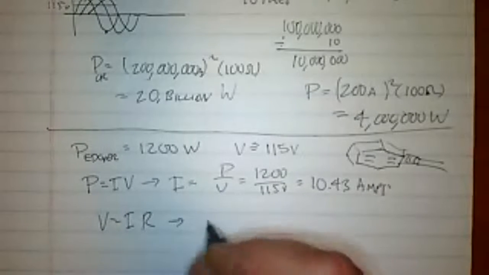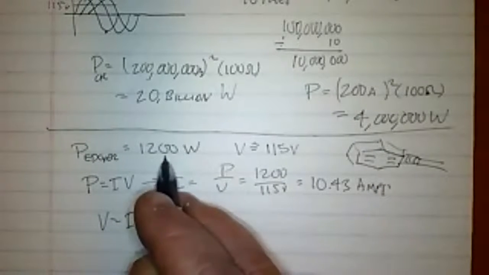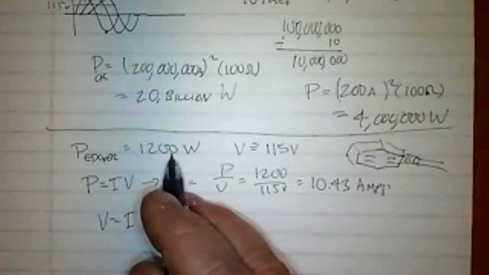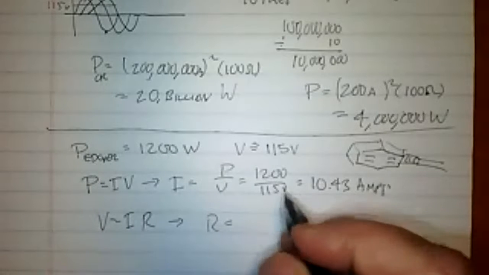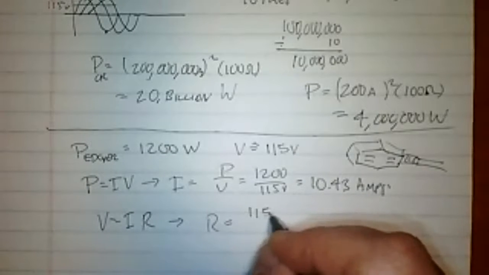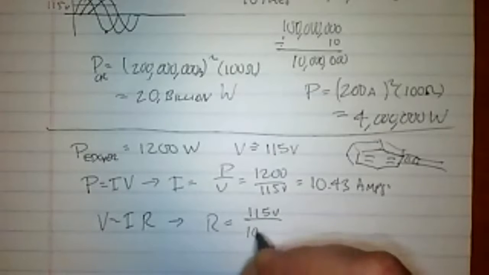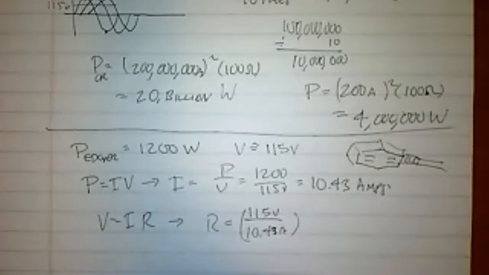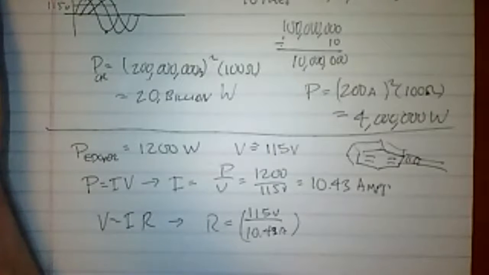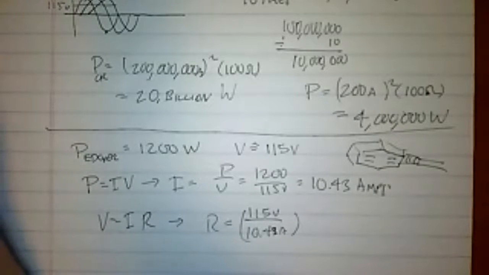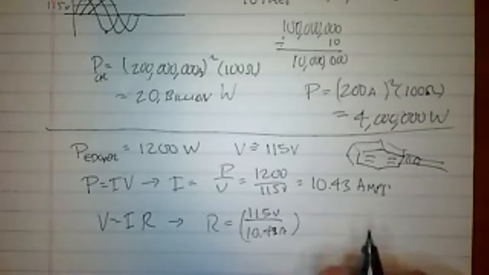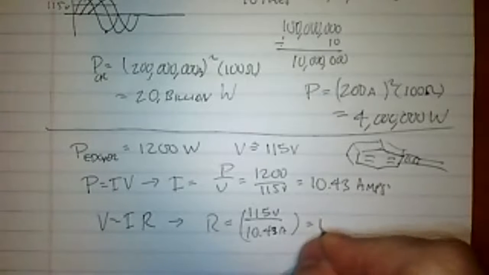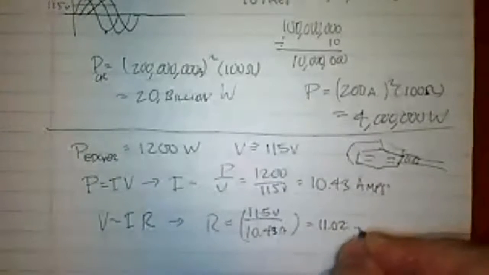So according to that, R, the resistance for this 1200 watt device, which could be a heater or an edger or whatever, is going to be 115 volts divided by 10.43 amps. When you do 115 divided by 10.43, you get 11.02 ohms.